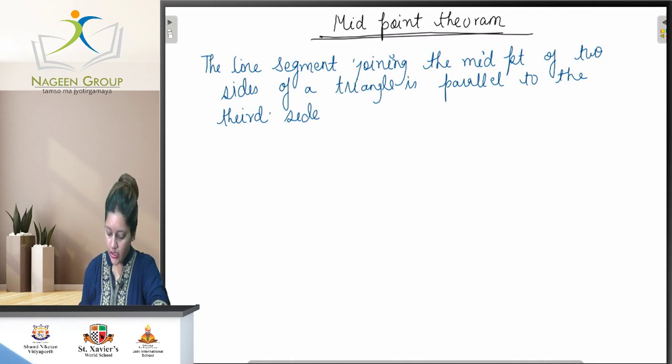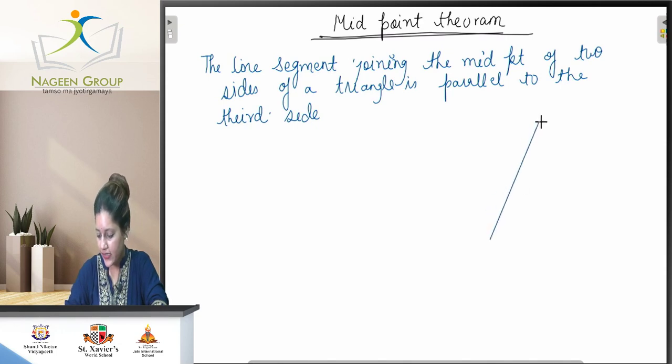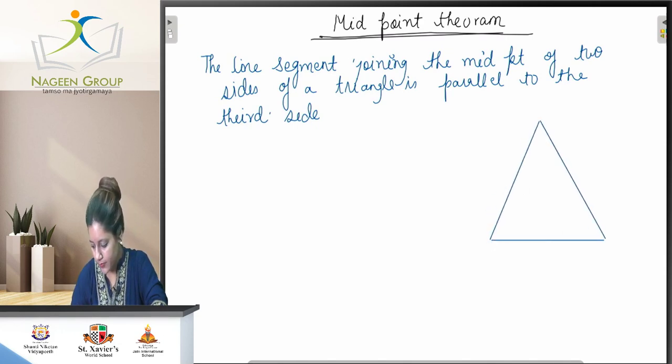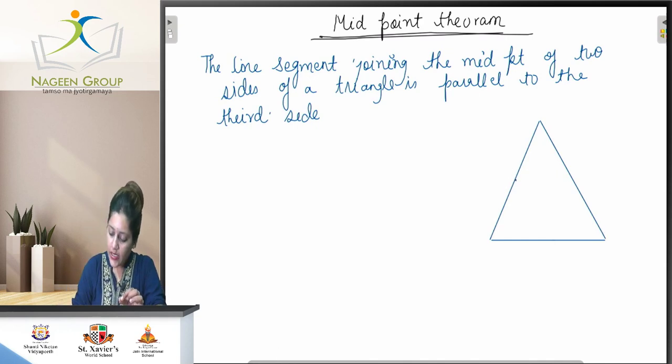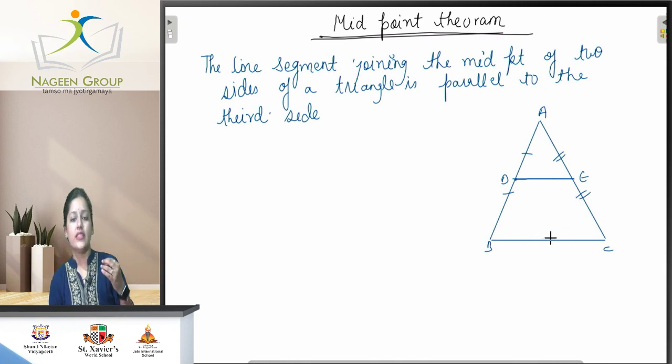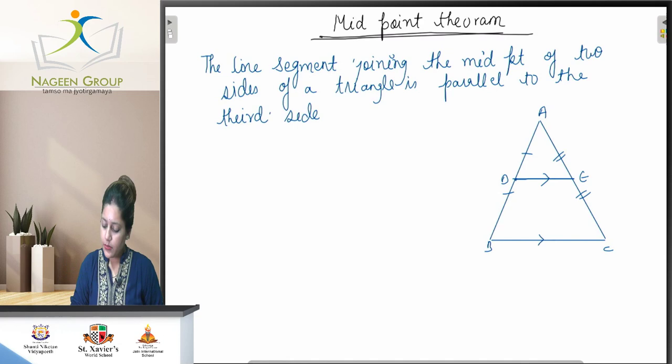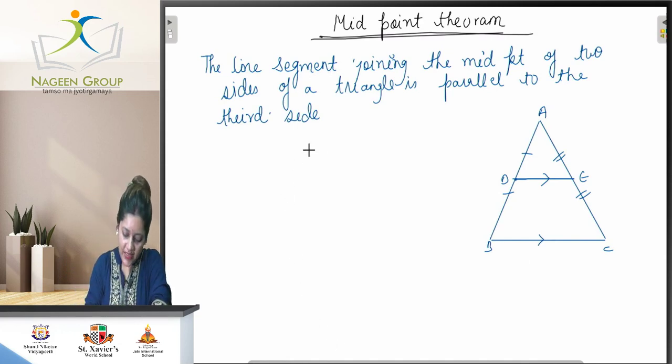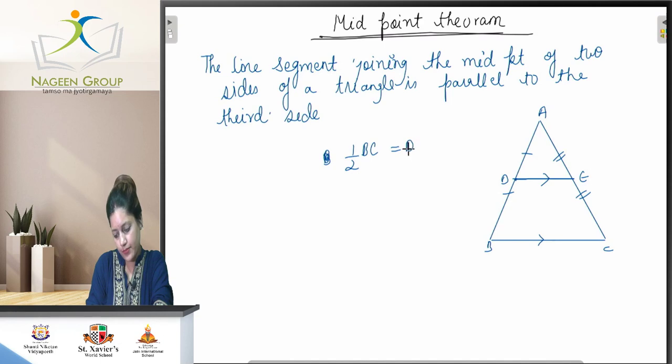What does this actually mean? If we make a triangle ABC, and D and E are the midpoints of two sides, then the line segment DE is parallel to BC, and it is also half of it, meaning half of BC is equal to DE.